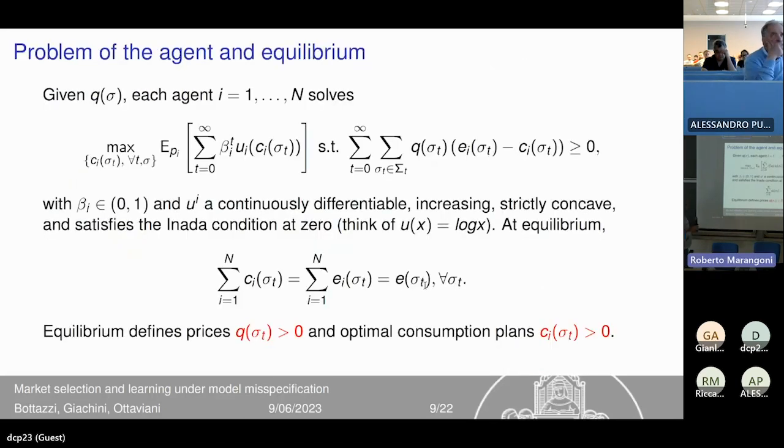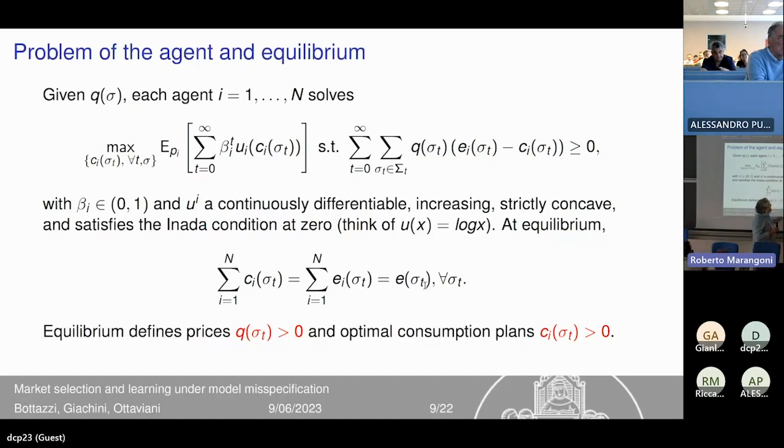Very good. So this is the problem. The agent inside this situation is required to maximize this equation. This is the utility function of the agent, a discounted utility function. This is the consumption of the agent, so how much the agent can eat in the history sigma t, and the agent is going to maximize this discounted utility with this constraint.